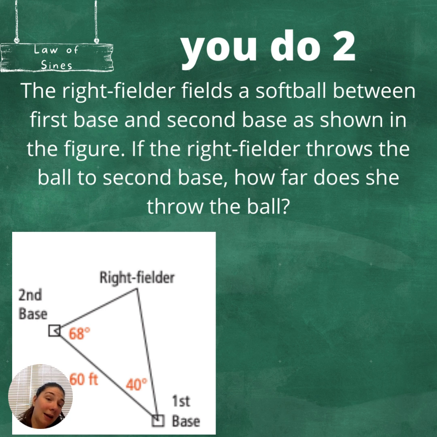The angle at second base is 68 degrees, the angle at first base is 40 degrees, and the distance from second base to first base is 60 feet. And why don't you round that answer to the nearest tenth as well? I'm sorry I didn't put that in there, but I know I would have put that answer in the nearest tenth, 1 decimal.